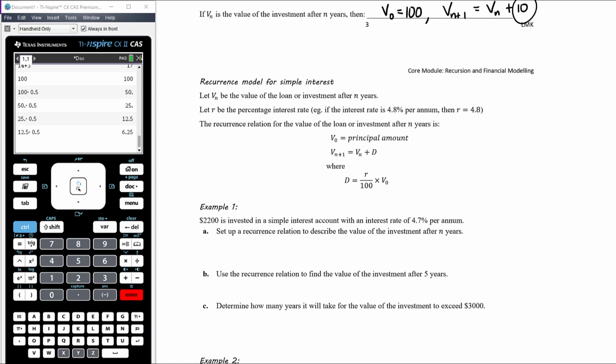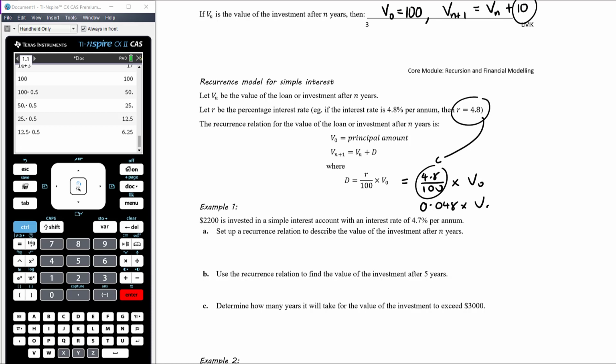So V0 is your principal amount. Okay, and then to get from Vn to Vn+1, we're adding on D, where D is the percentage of the principal. Okay, so in this case, if it's 4.8%, that means it's 4.8 over 100 times your principal amount. Okay, if you want, you can think that through straight away in your head as being 0.048, and we want to get good at that.